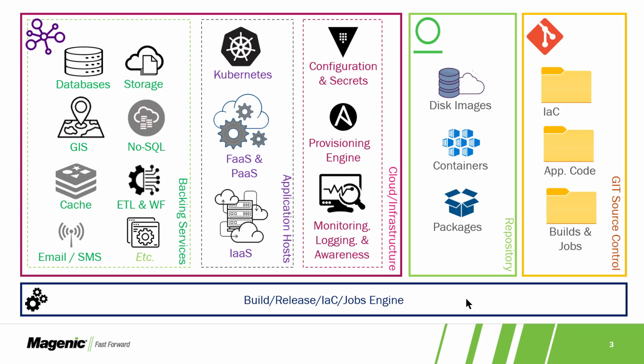We might use Azure DevOps, which has lots of different features. We might use the add-ons to GitHub. It doesn't really matter, but the central idea is that we have one or more engines that are capable of building out our infrastructure, configuring our backing services, and sometimes that means provisioning them as well.